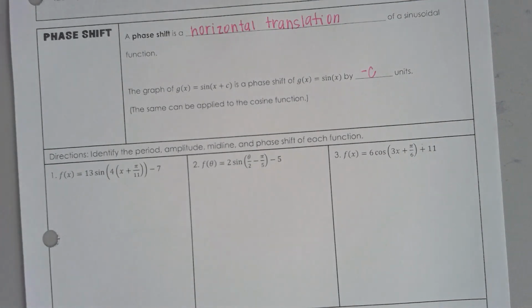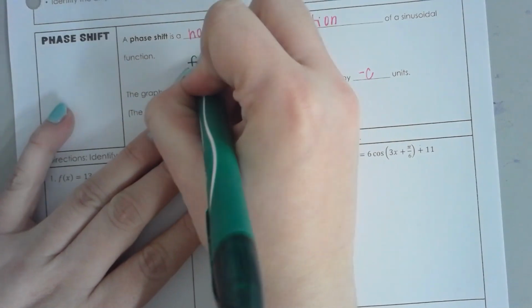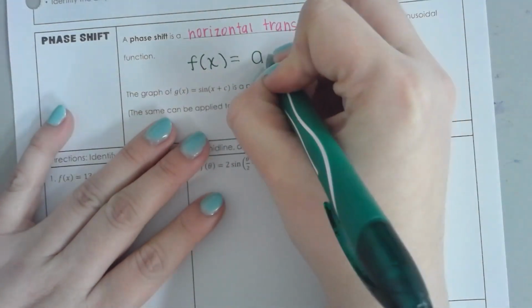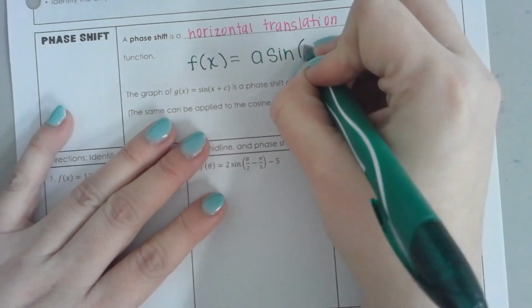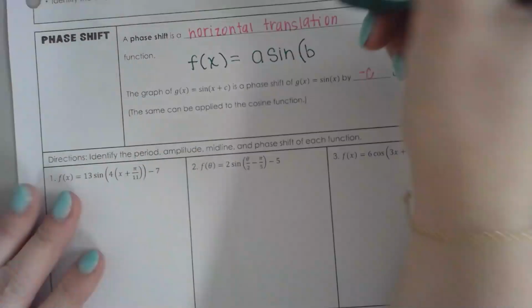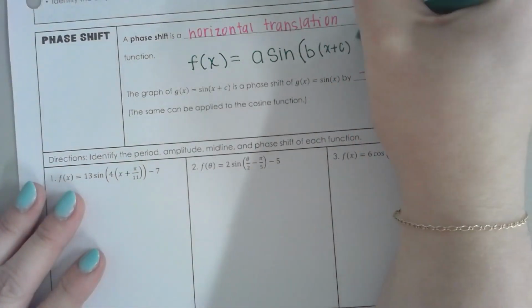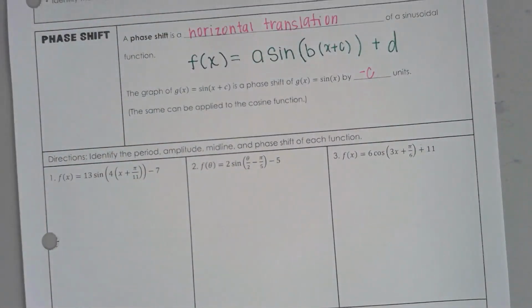So the function that we're looking at, f of x equals a sine of b, and then in parentheses x plus c, plus d. So I just added that plus c.